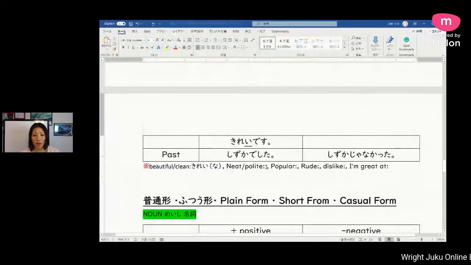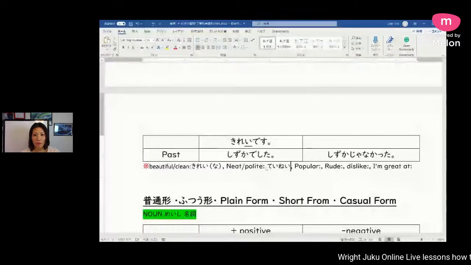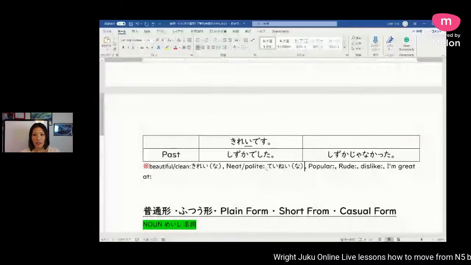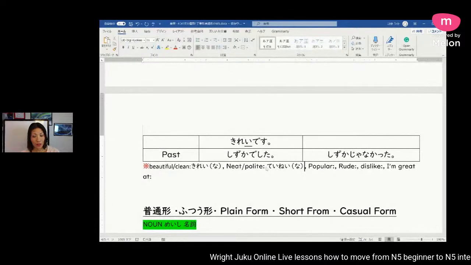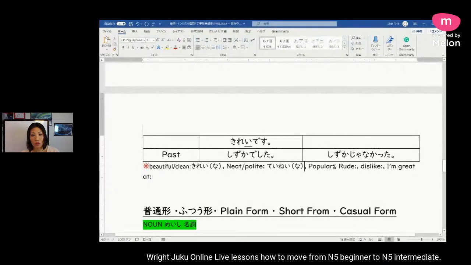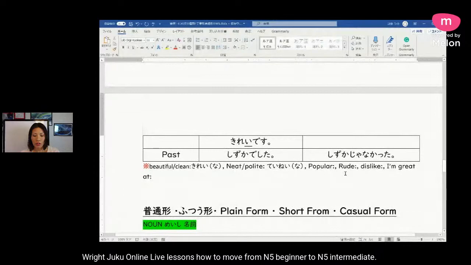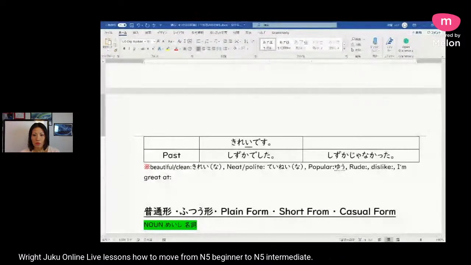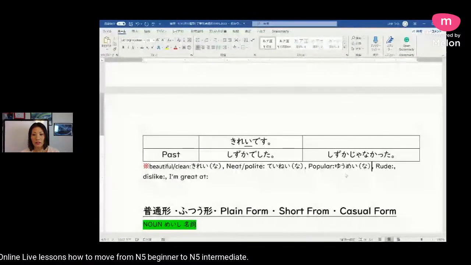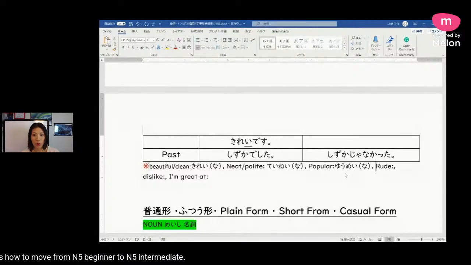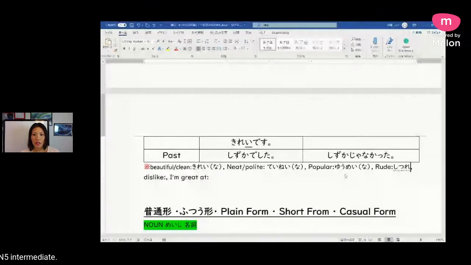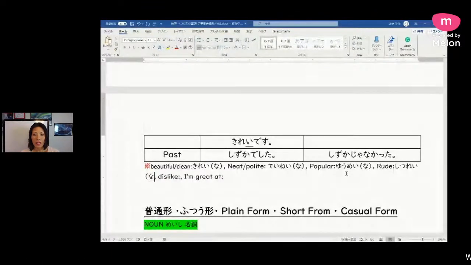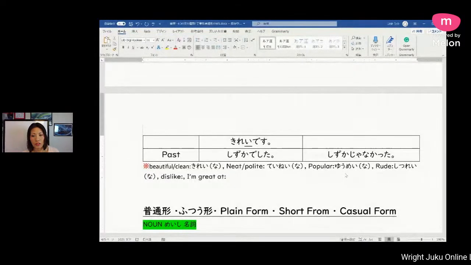Neat and polite, we said teinei, and that's not an e adjective. 丁寧な字を書きます。丁寧な人。Popular, 有名な. That's not an e adjective. Rude is 失礼, so rude person, 失礼な人.